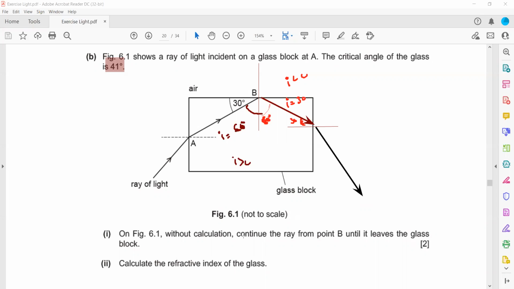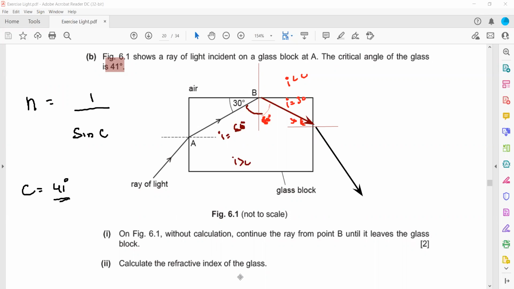Then calculate the refractive index. How to calculate the refractive index? We already discussed one of the formulas which relates the refractive index with the critical angle. That refractive index is 1 divided by sine C, where C is the critical angle, in this question it is 41.